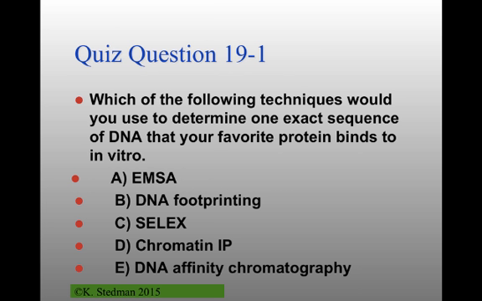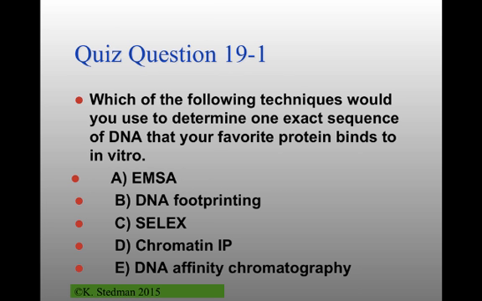In vitro is going to rule out what? It rules out chromatin IP. Chromatin immunoprecipitation is in vivo, not in vitro. So now we're down to EMSA, DNA footprinting, and SELEX. EMSA is one piece of DNA, but you don't know exactly where on there your protein is binding, so it's not EMSA.